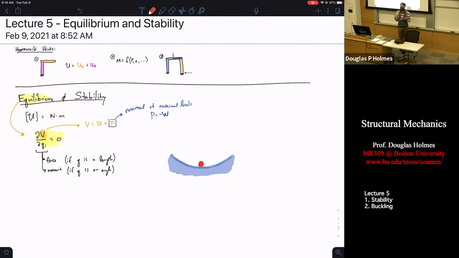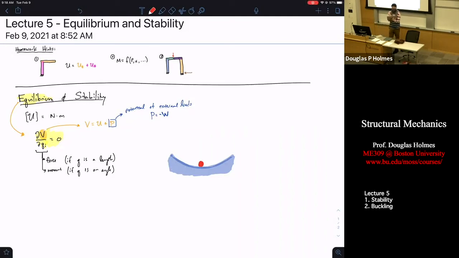The character of our equilibrium, whether it's stable, unstable, or neutral, is determined by what happens when you imagine a ball on that landscape, and you imagine just poking it a little bit. And you say, okay, how does it respond? The fancy mathematical way of saying this would be, how does it respond to an infinitesimal disturbance?